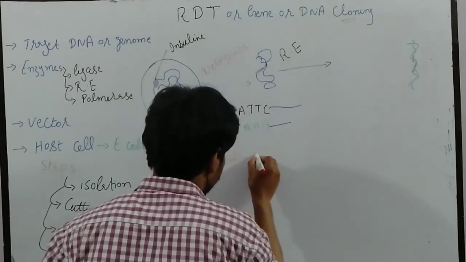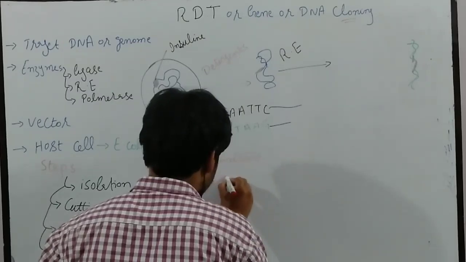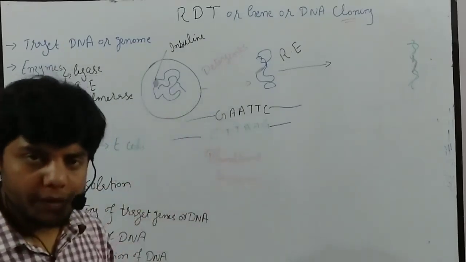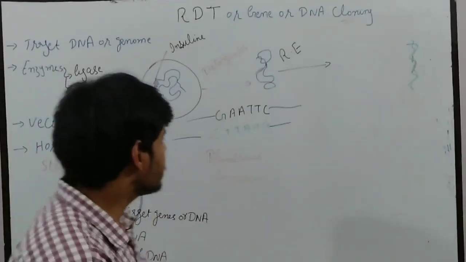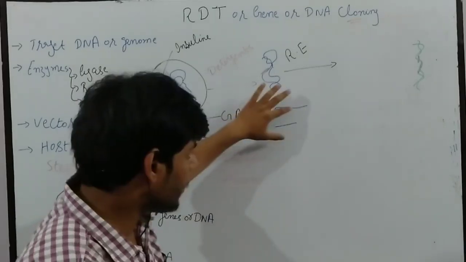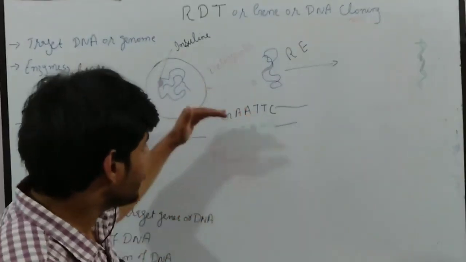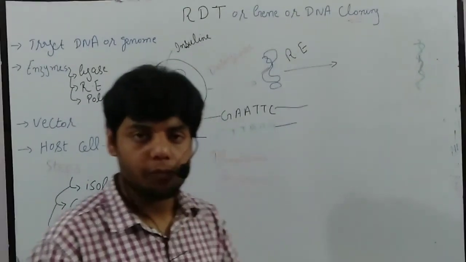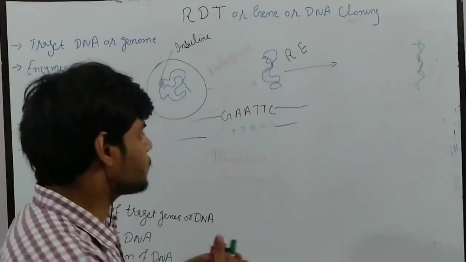Palindromic sequence. Now why do we call them palindromic sequences? Because the nucleotides present in the upper strand are also present in the lower strand, but in the opposite direction.